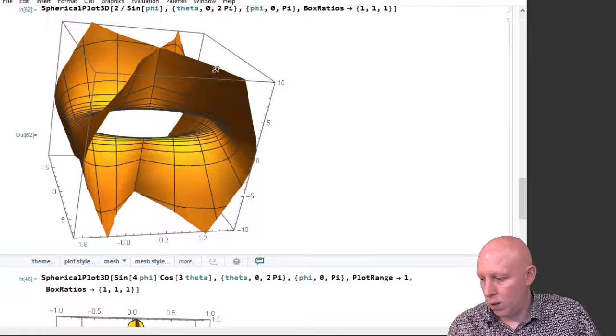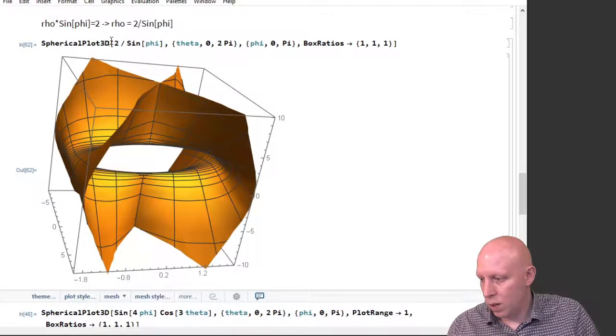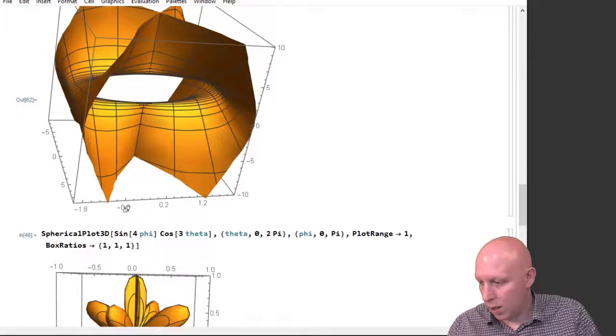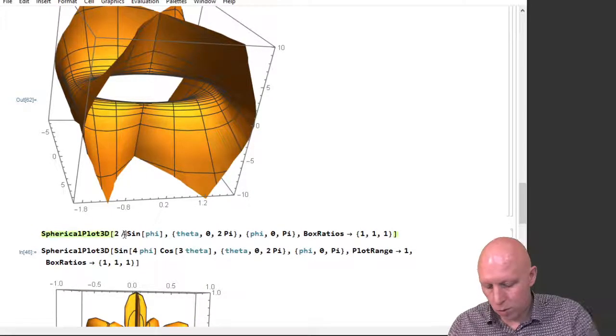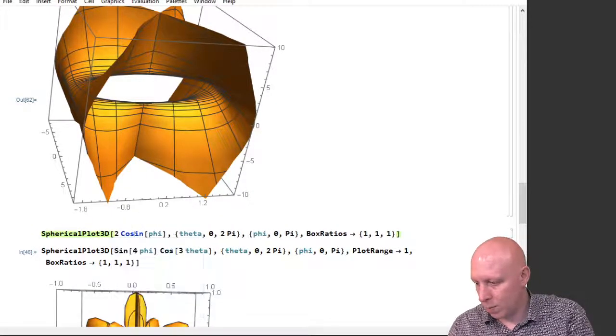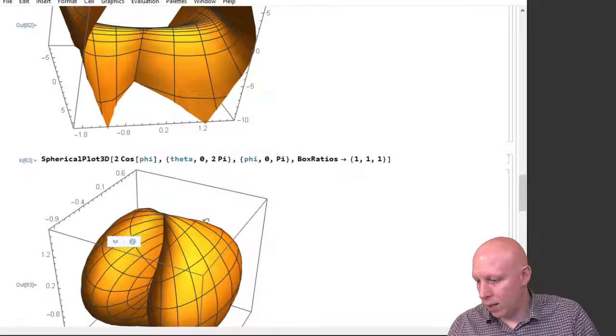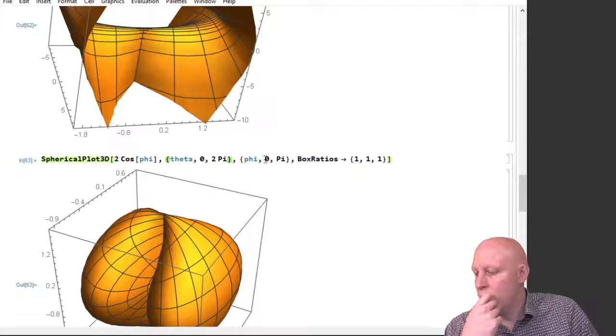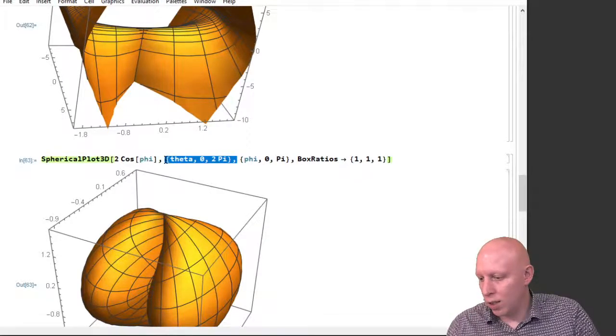All right, well, let's look at the next one. The next one was rho is equal to 2 cosine of phi. And if we plot that, I'm wondering if my thetas and phis are in the wrong order.